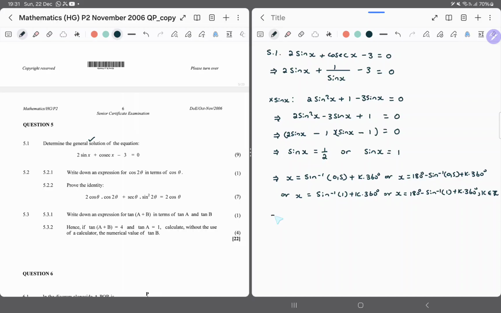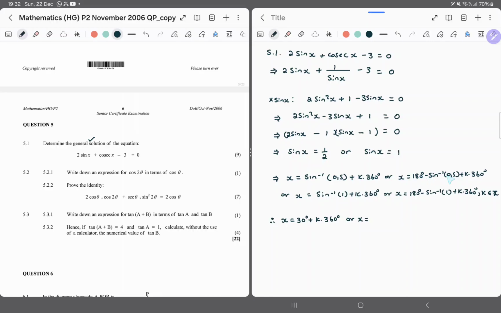And we continue, guys. So essentially, I can just make a conclusion right now, because this is it. After this, we just dish the solutions. Therefore, arc sine of 0,5 is 30 degrees. So x must be 30 degrees plus k times 360 degrees.